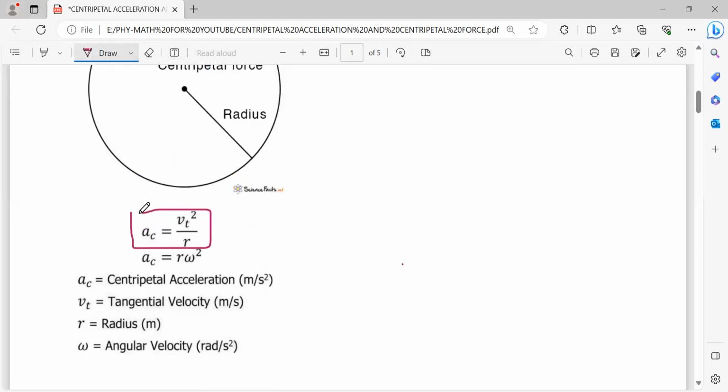And if given angular velocity to calculate centripetal acceleration, we should use this formula. Meanwhile, the unit of centripetal acceleration is meter per second squared, tangential velocity is meter per second, radius in meters, and angular velocity in radian per second.